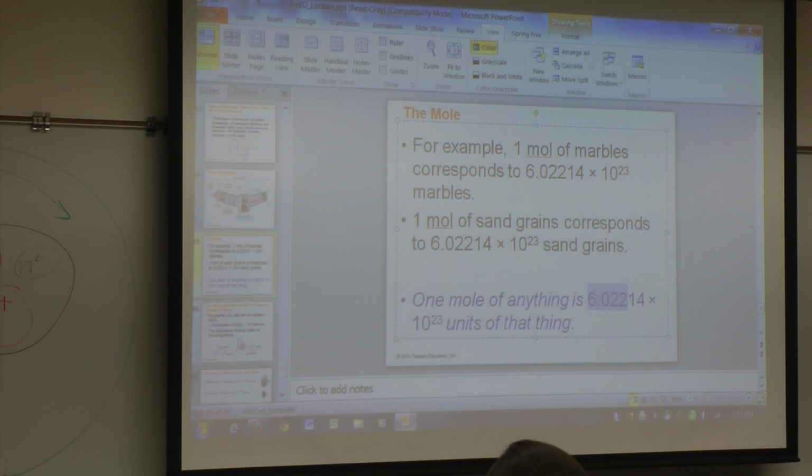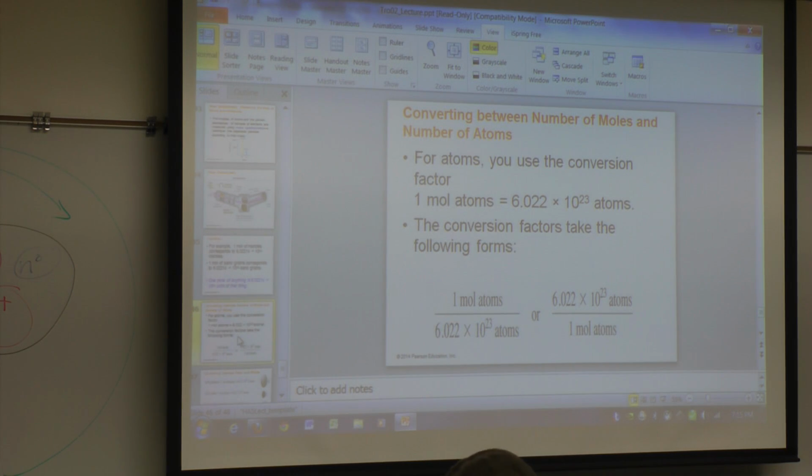So in other words, think of an element. Give me an element and a symbol.